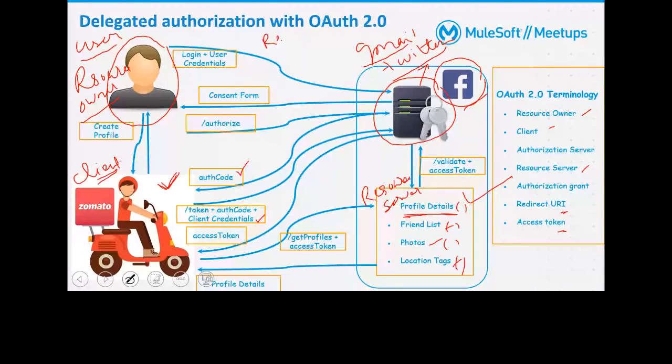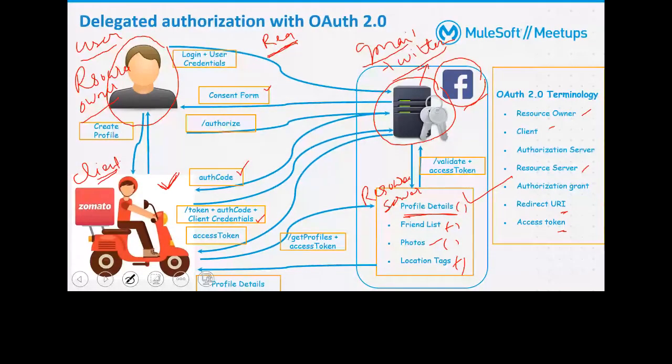That request has this redirect URL. So that request says that once this consent form is filled and authorized, where should I send this authorization code, this auth code? That is mentioned in the request when you're sending the request from your client to the authorization server.